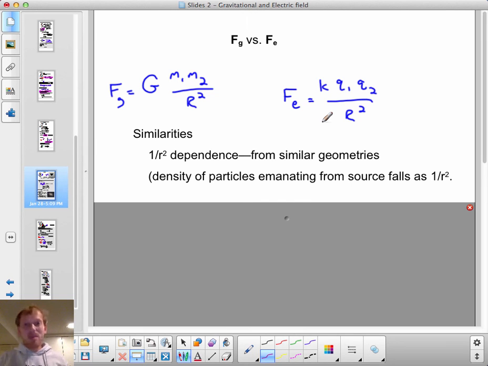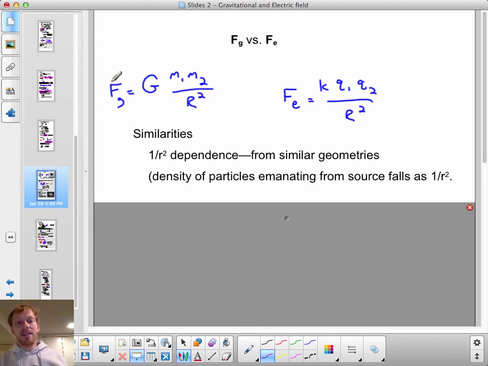What is the name of the particle that emanates from charges and whose density falls off as 1 over r squared in the case of the electric force? Those emanating particles are called photons. Photons of light or of cell phone transmission. Photons are the elementary particle, the boson, that mediates the electric force.